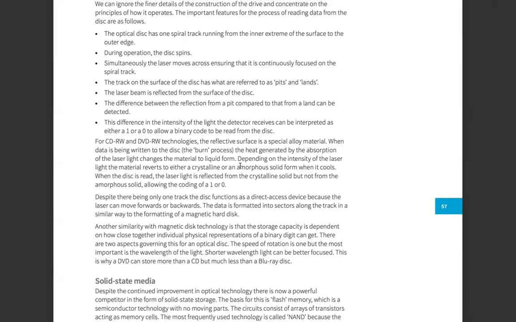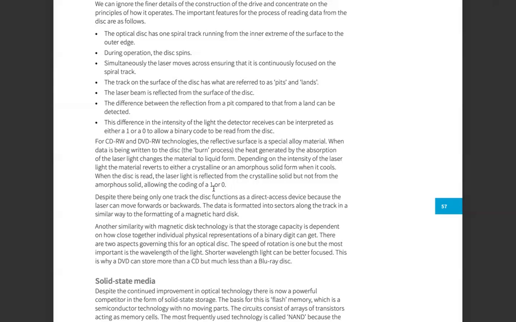Depending on the intensity of the laser light, the material reverts to either a crystalline or an amorphous solid form when it cools. When the disk is read, the laser light is reflected from the crystalline solid but not from the other form, allowing the coding of 1 or 0.